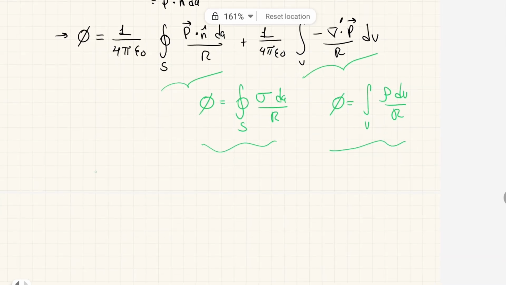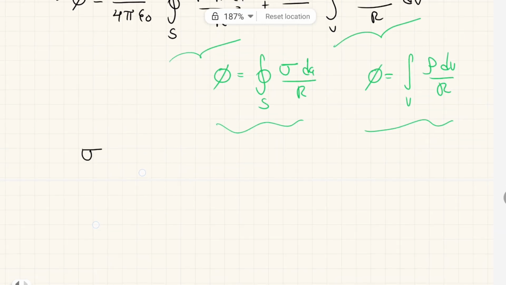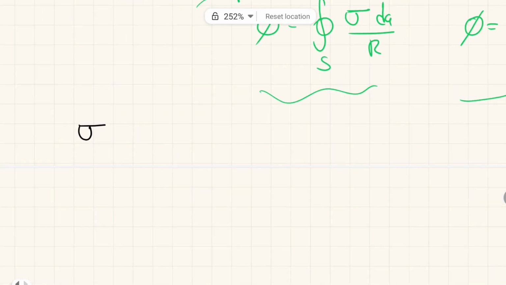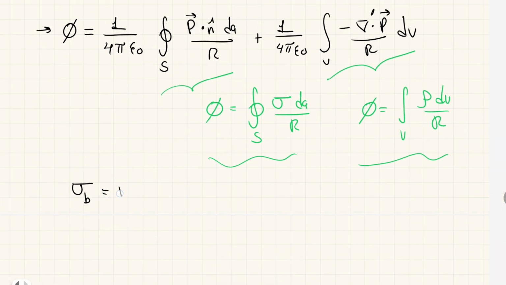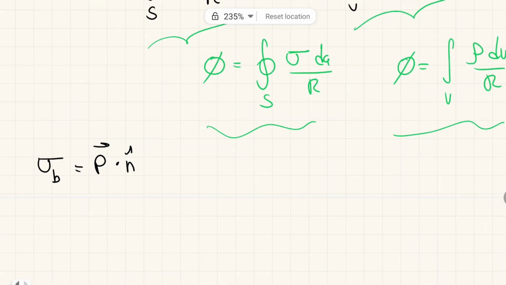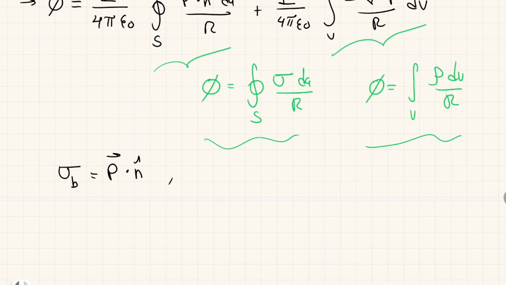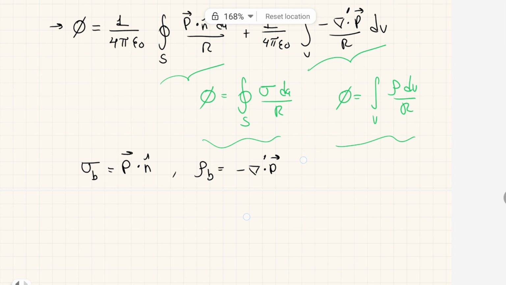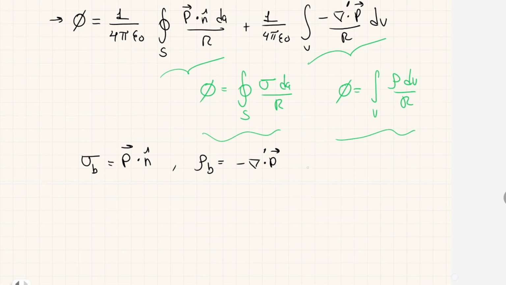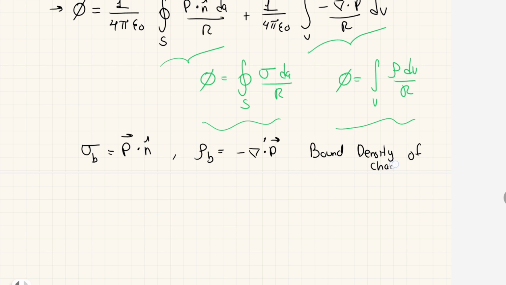So if we define the bound surface electric charge sigma b, and the b is for bound, as P dot n, and we define rho b as negative the divergence of P, these are going to be the bound density of charges.